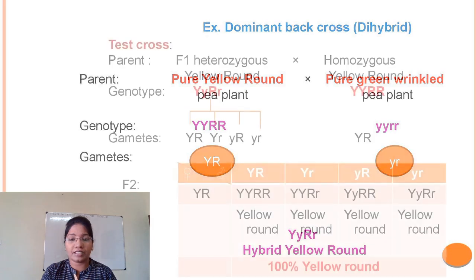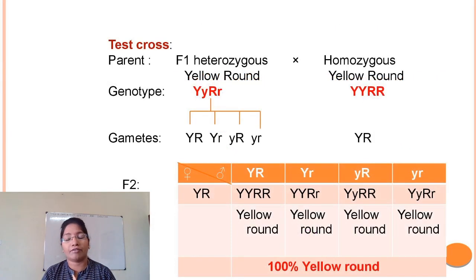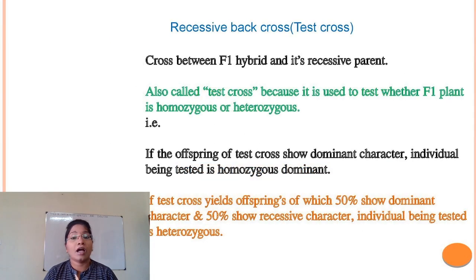When this F1 generation is crossed with the yellow round plant, the dominant parent, in the F2 generation we get 100% yellow round plants. That means the result of a dominant back cross is that all the offspring are of dominant type.